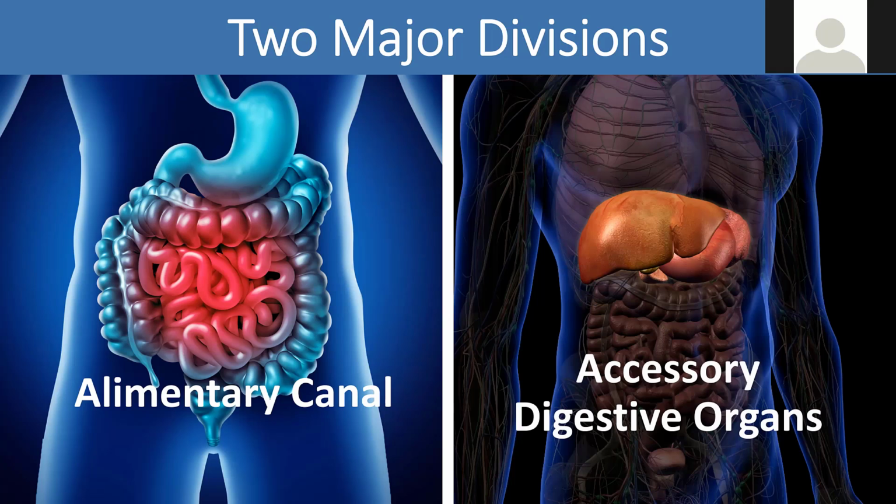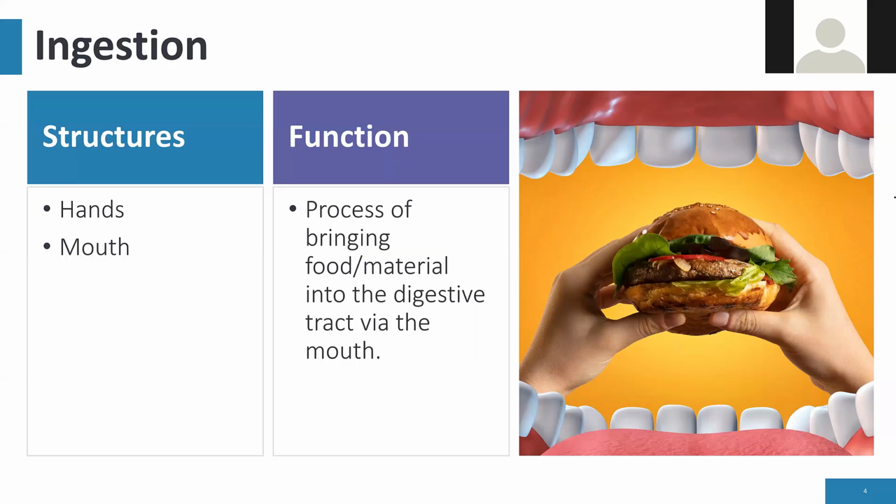They're the ones pushing some of those chemicals into the GI system to help break down the food molecules, food components, into the smaller micronutrients that we can actually absorb. So those are our 2 broad categories.